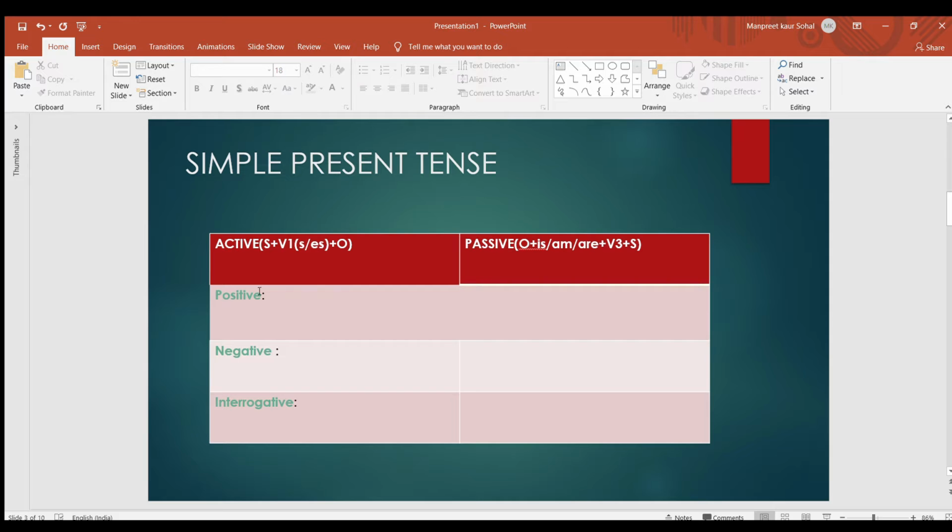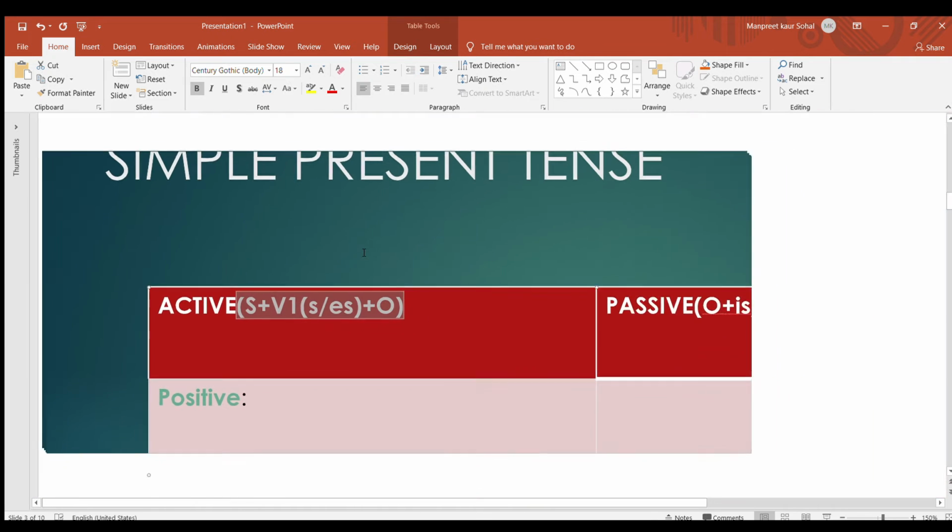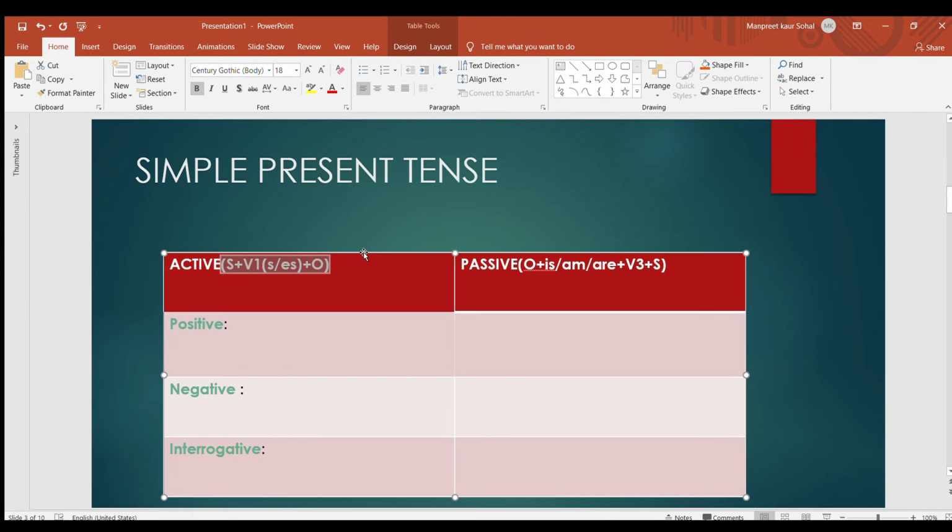Now in the tenses chapters in your school times or college, wherever, or in the course that you took otherwise, this is the active formula that we mostly learned: subject plus first form of verb plus s/es plus object. When we turn this into passive voice, object takes the first place. That's when we focus on what work is being done.